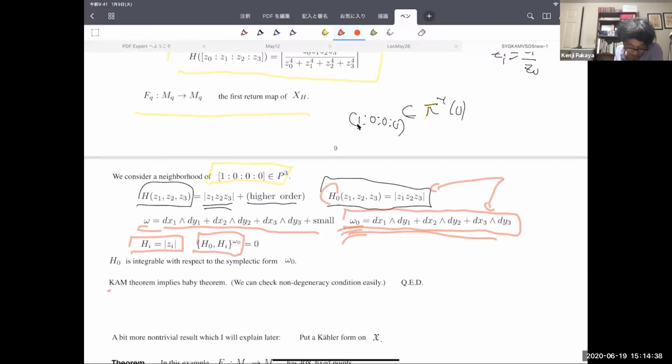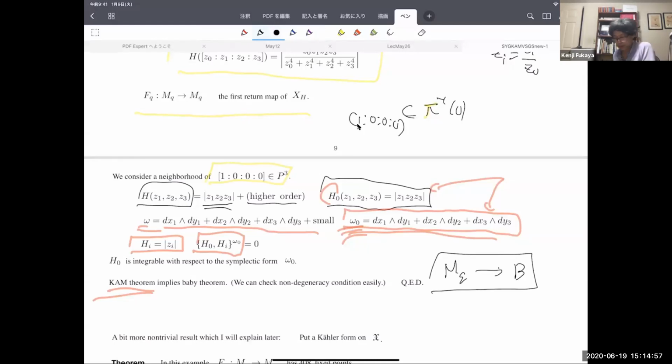And then you can just apply the KAM theorem itself to show that there is a positive, there is a family of, you consider this map, right? You have a map from this MQ to this B. Suppose you use this to get this SYZ fibration, and you have some positive BQ of positive area in this small part, so that you have KAM tori.